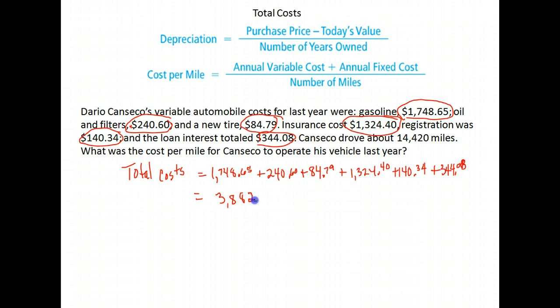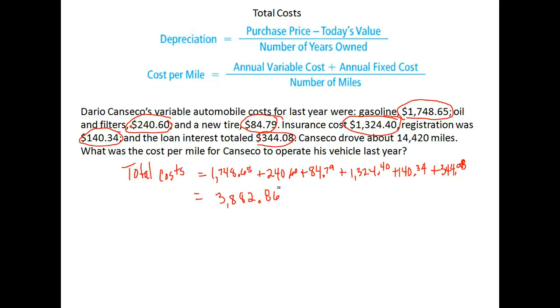Okay, so when we total the cost, I get $3,882.86. And you always want to double check, maybe calculate it twice, just to make sure you didn't hit a wrong button or leave a number out. Always want to be safe.